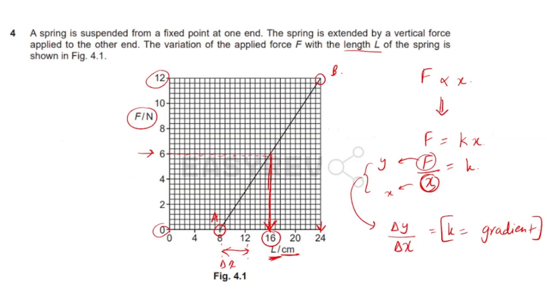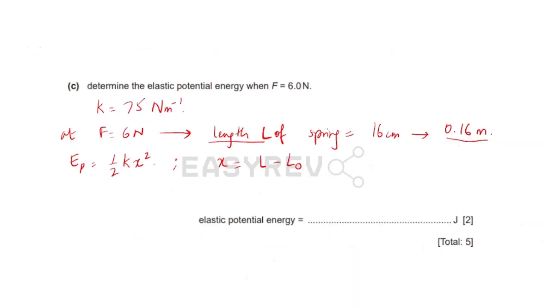So if we look back at our graph, when the force is 0, the length that the spring has is 8 centimeters. So the original length L naught is 8 centimeters, which I can write as 0.08 meters.